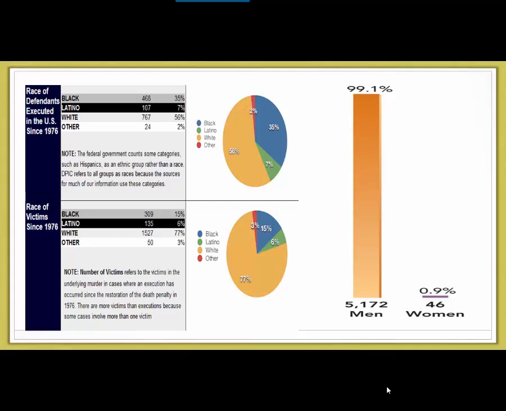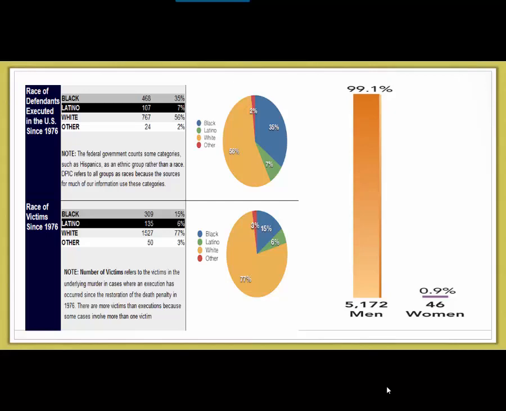And once again, this is a decision that is made by lots of imperfect people, from the prosecution to the judge to the juries.